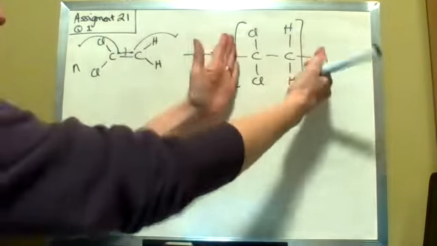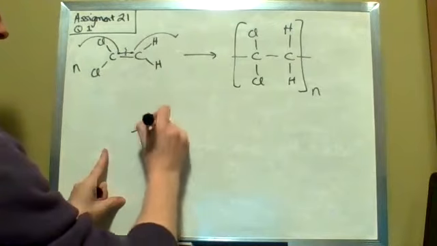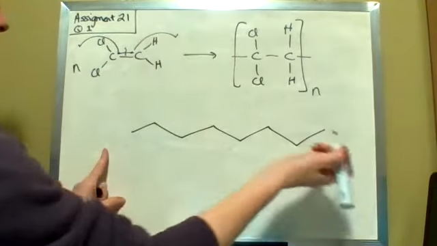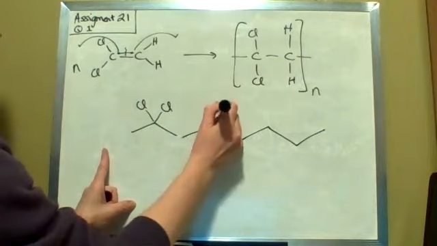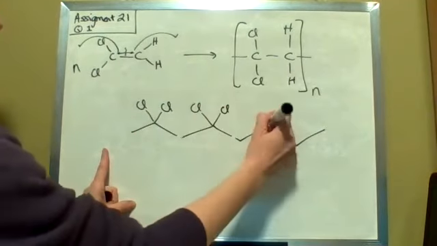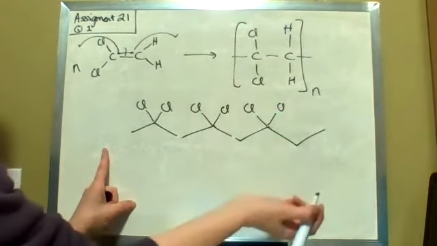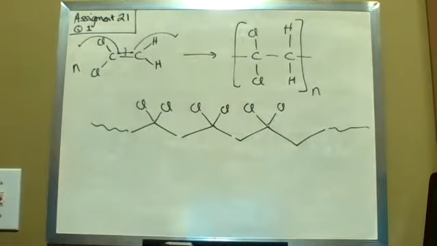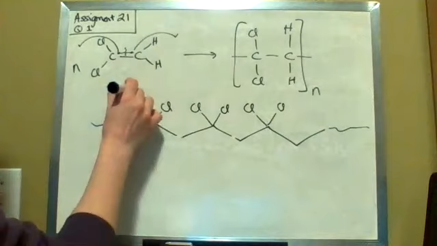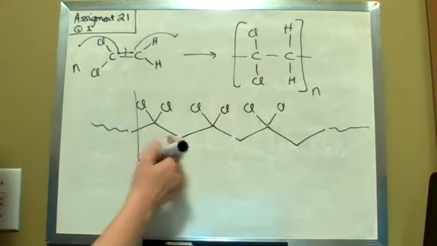So find that repeat. In this case here, it's going to look something like this, right? Here's your big chain, and on one of those carbons, you're going to have 2 chlorines like that. Okay, it's going to be drawn like this. You can obviously see a repeat here, right? So go along and cut it where you notice that it starts to repeat.